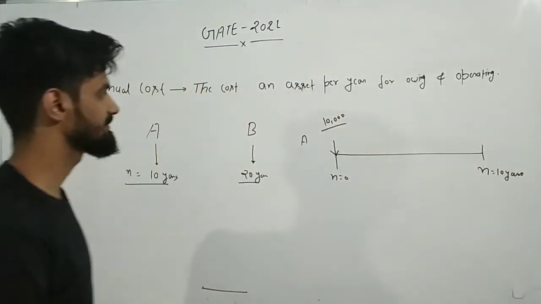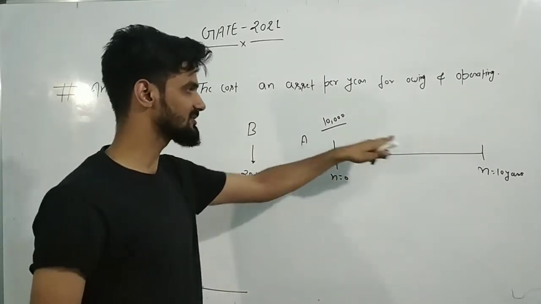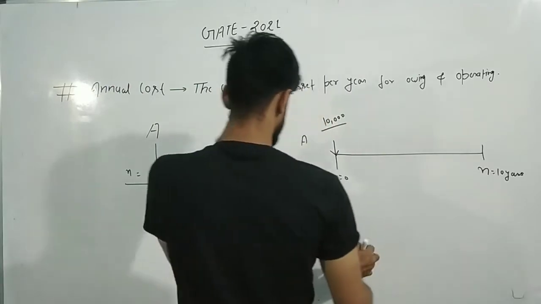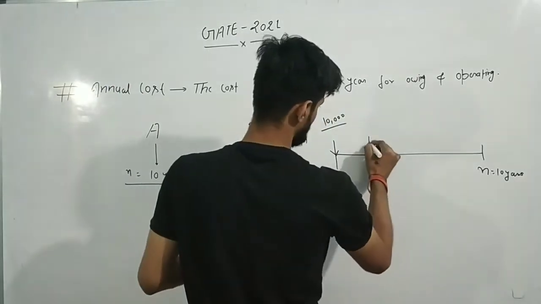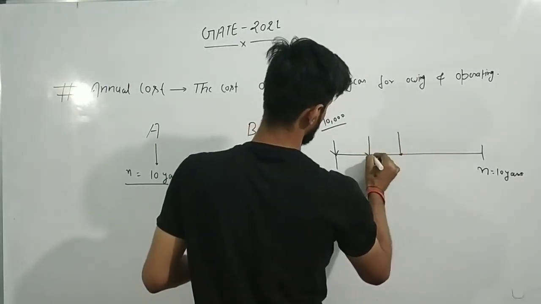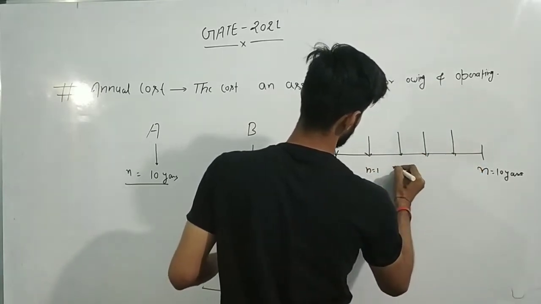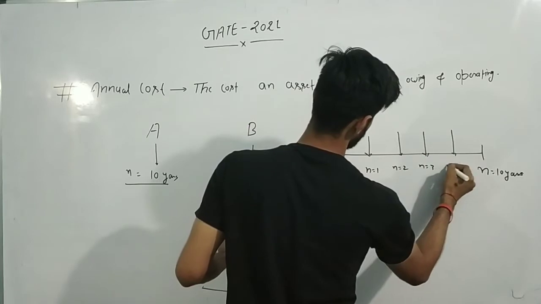Now you have to calculate this 10,000 rupees in an annual way. If you want to calculate this as an annualized cost, there will be some cash flow every year, at n equals 1, n equals 2, n equals 3, n equals 4.